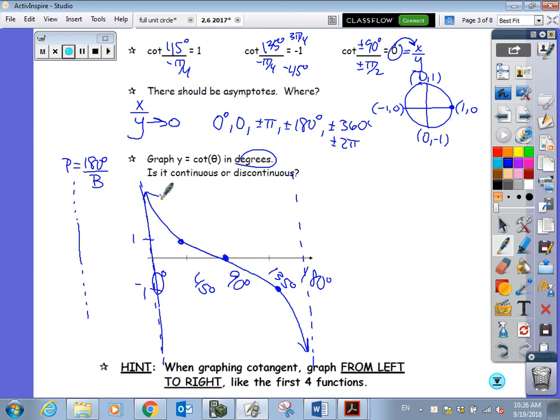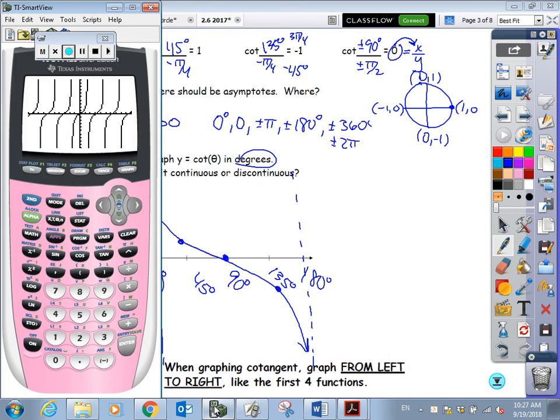Why on the cotangent graph is the 0 on the end? Because if we were to graph it, so again, we're just graphing one cycle. So for tangent, if we start at 0, which we like our parent functions always start at 0, 0 happens to be in the middle. So like if I only looked at that, we've done that before, and a lot of people don't remember what to do. So if we show you that this is what a cycle looks like, for tangent we start there.